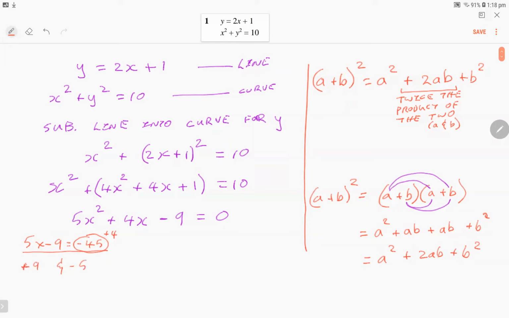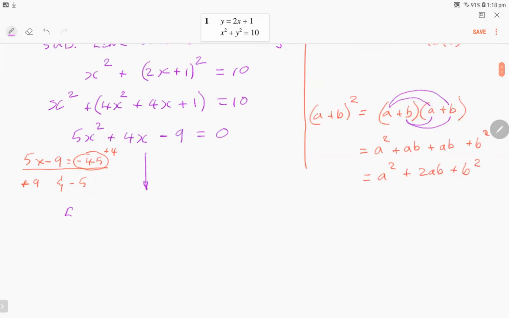So our equation becomes 5x squared minus 5x plus 9x minus 9 equals 0. I'm going to factorize these two. I get 5x into x minus 1.